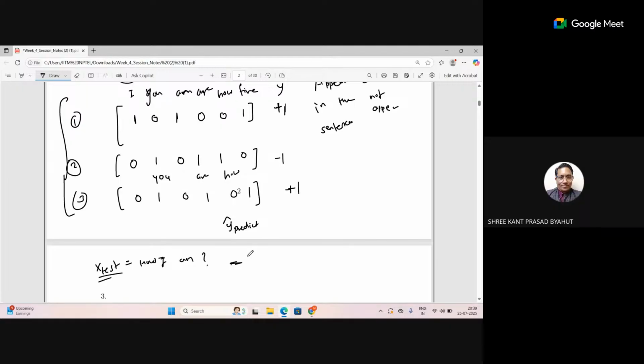The test data point is the data point for which you need to find out the prediction. It's some other sentence, not exactly "How I am." Some sentence is given to me, and now your task is to say whether it is a spam or non-spam email. How will you do that? You learn something from the data which was there with you, and from there you will try to find out what the label is for this email.